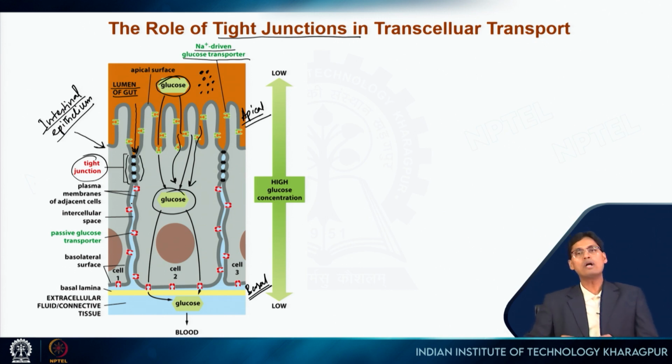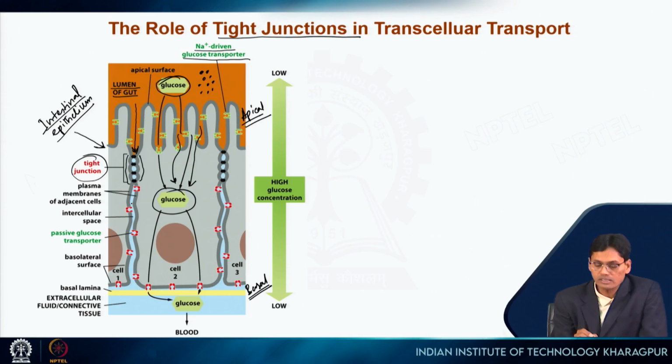These are the absorptive cells, taking glucose from the intestine. Now this glucose should go into the other part of our body. The glucose concentration is highest in this epithelial cell, and this high concentration of glucose will slowly diffuse towards the other side.